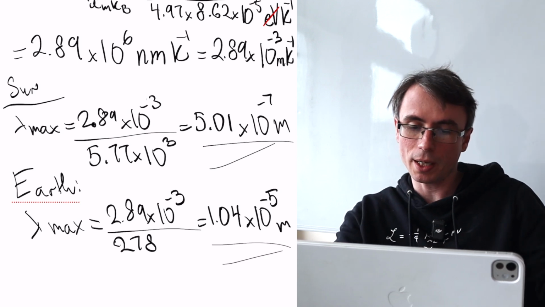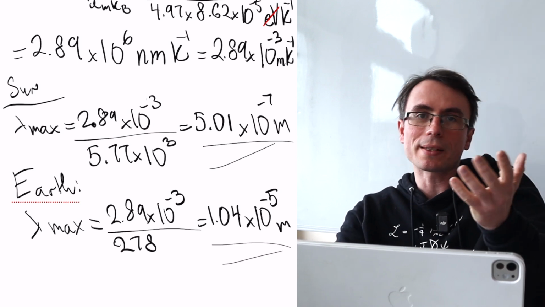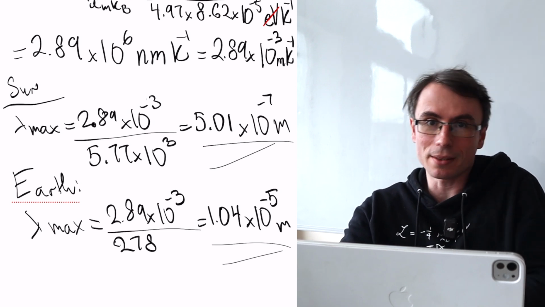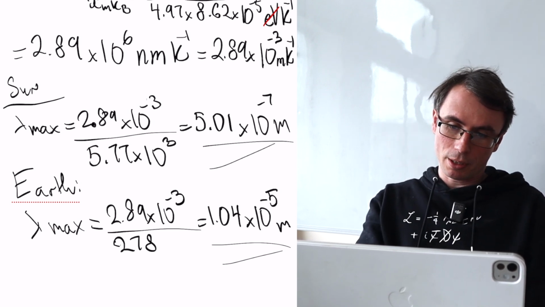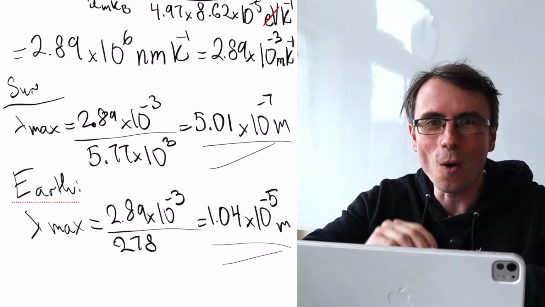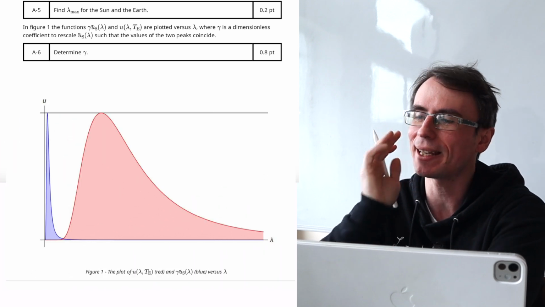Okay, so this here is outside the visible range, which makes sense. At night the Earth is not glowing, at least in the visible range, but it will be emitting some infrared radiation. Okay, on to the next one, A6.